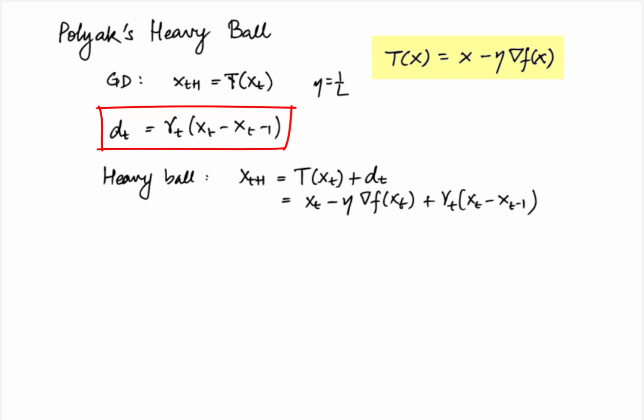So at iteration t, instead of going only along the negative gradient direction, the algorithm takes a step which is a combination of the negative gradient and its previous direction, which is contained in the momentum term. So in many scenarios where the gradient descent exhibited zigzag behavior, the momentum term sought to dampen these oscillations and avoid the zigzag behavior that is characteristic of the gradient descent, thereby speeding up convergence.